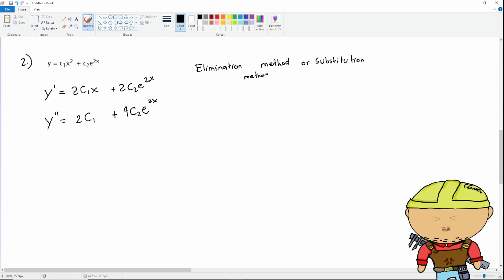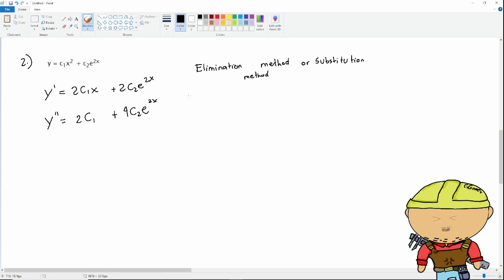Or we can also use our matrix. Since we have 2 terms, we can proceed to using matrix, the basket method, and getting the determinant will result to getting your differential equation. So for now, let's proceed with elimination method or substitution method.